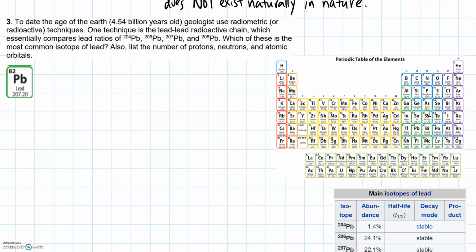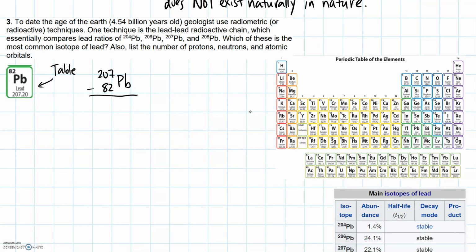And so if I look at the table, this tells me I'm going to get this guy right here. So writing it in spectral notation, I find that this guy has 207, 82, the element lead.